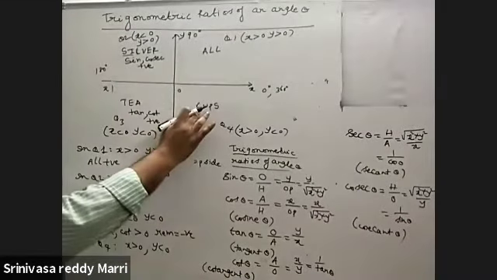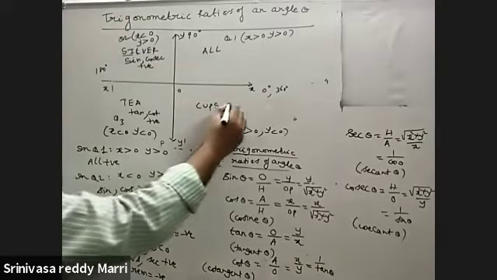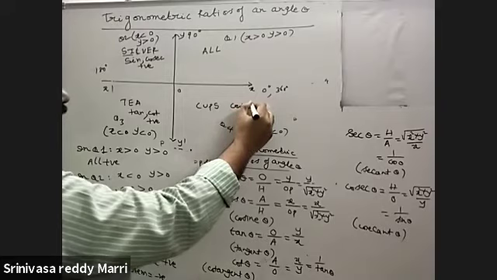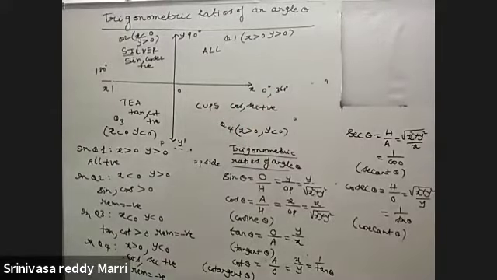Here C indicates cos and its reciprocal are positive, remaining negative. That means in quadrant 4, cos and secant are positive. You can remember it like this.